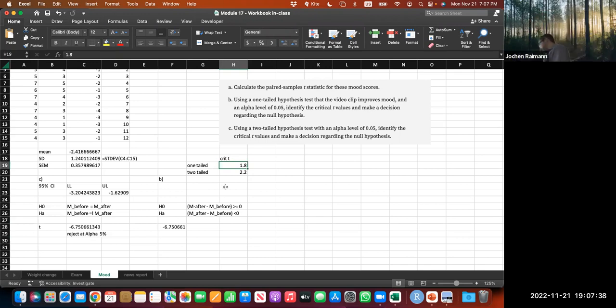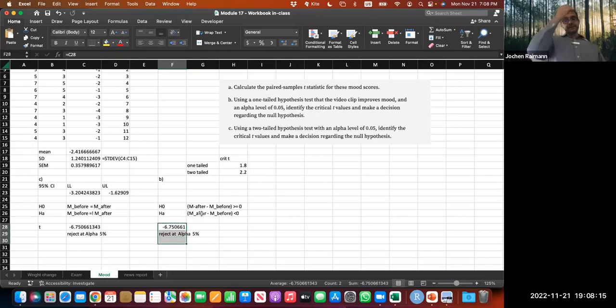This is true for minus 1.8 when your hypothesis has a negative critical T, so an improvement, which would be a lowering. So you're exceeding this critical negative 1.8. So also here you reject at alpha 5%. So that would be the interpretation of a one-tailed test.